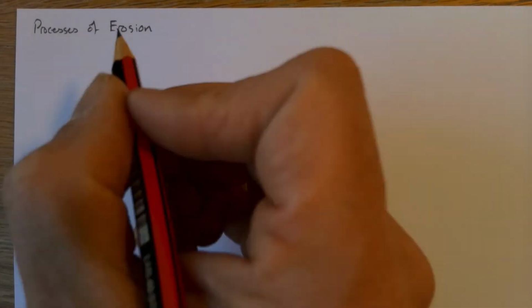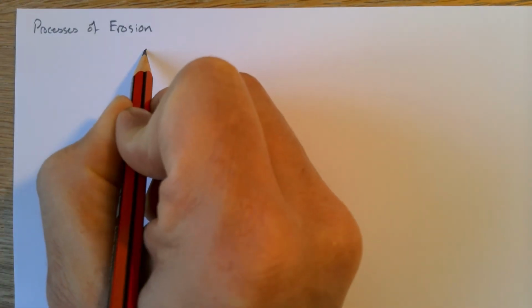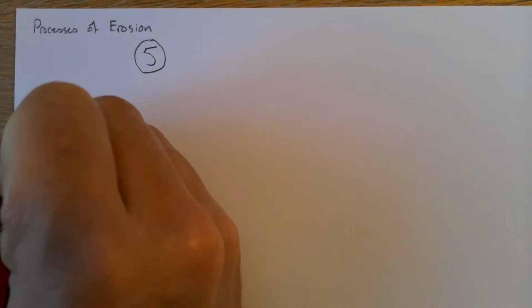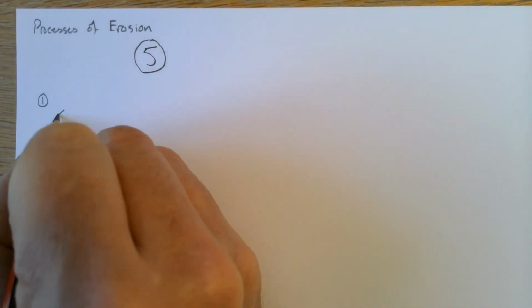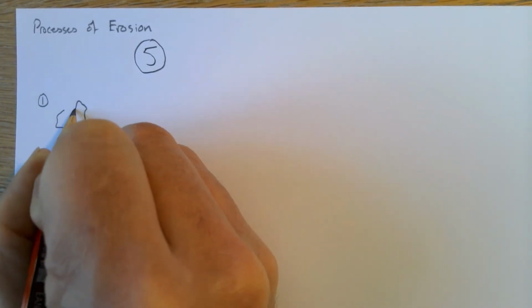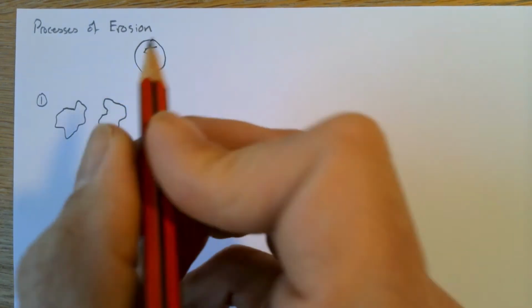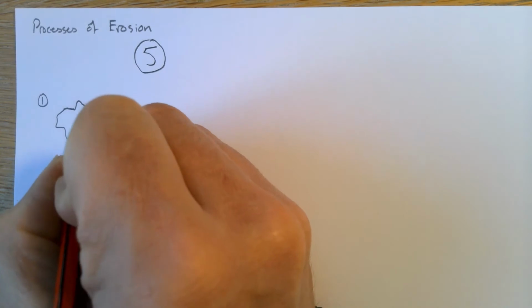Okay, so let's look at processes of erosion that we will find at the coastline. The important thing to remember is that there are five processes of erosion. The first one we're going to talk about is when you have larger angular rocks that are colliding with each other.